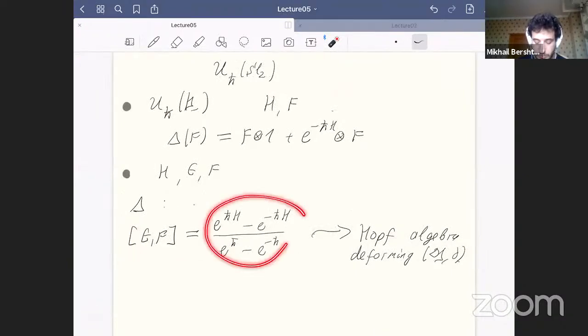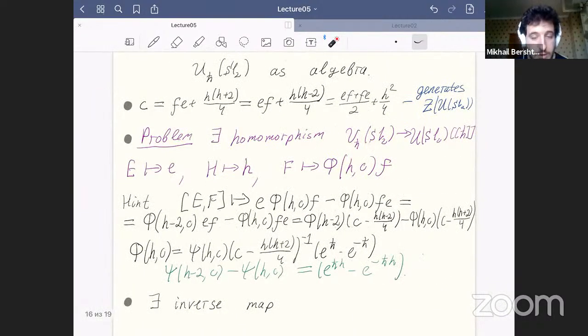This goes to the same exponent where instead of capital H we get capital H, instead of E we get small E, and instead of F we get small F times some function. And this one has to check. So one does the computation, does some formulas, and this leads to a difference relation for this function, which one can solve.